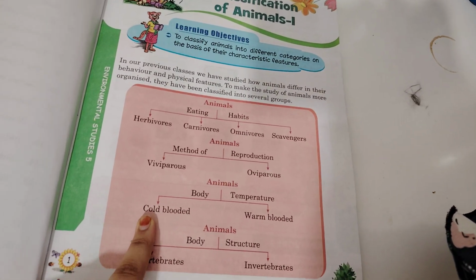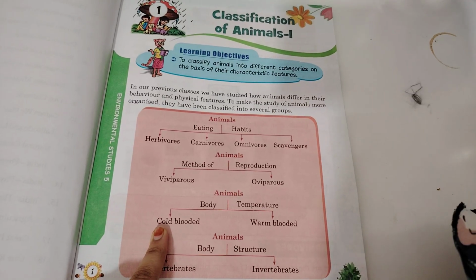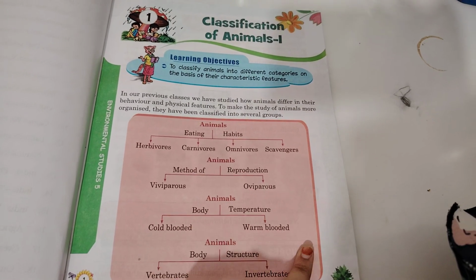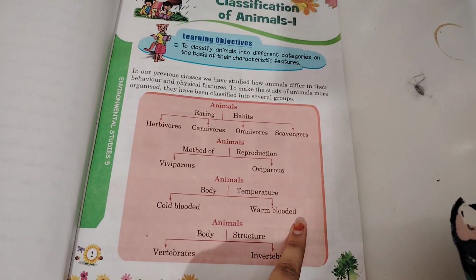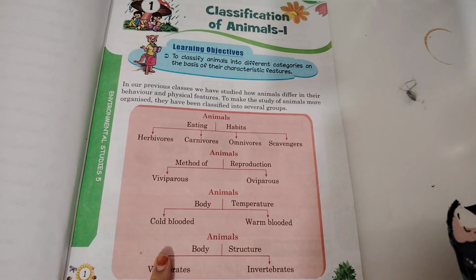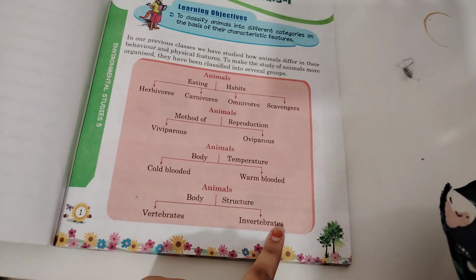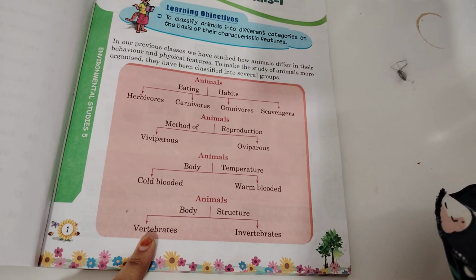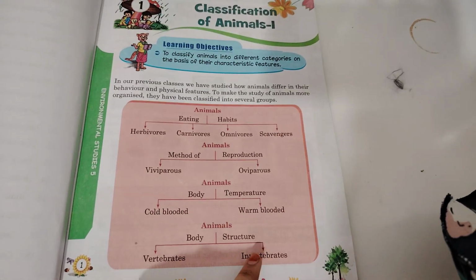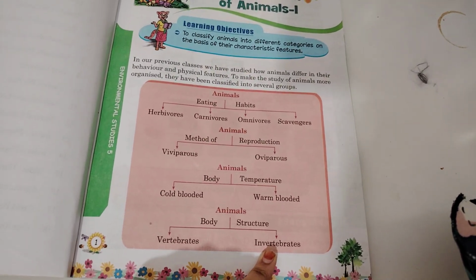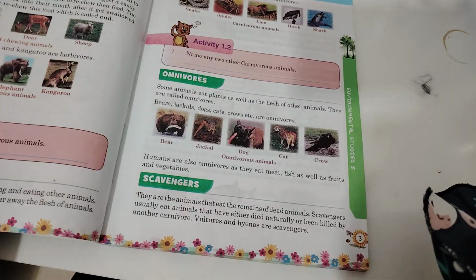Cold-blooded animals are the animals that cannot regulate their body temperature. Warm-blooded animals are animals that can regulate their body temperature. Body structure: vertebrates and invertebrates. Vertebrates are animals who have a backbone, and invertebrates are the animals who don't have a backbone.